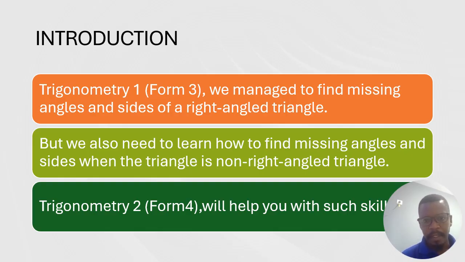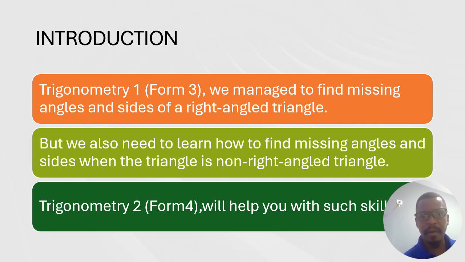Introduction. Trigonometry 1, which is taught in form 3, helped us to find missing angles and missing sides of a right angled triangle.